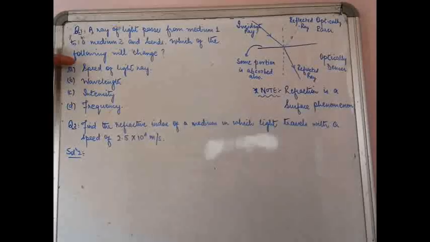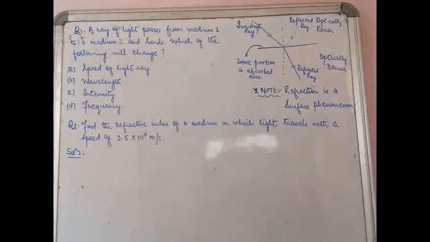These are four characteristics or properties of light, and by applying a little logic you will have to identify which of these will change as a result of light passing from one medium to another.